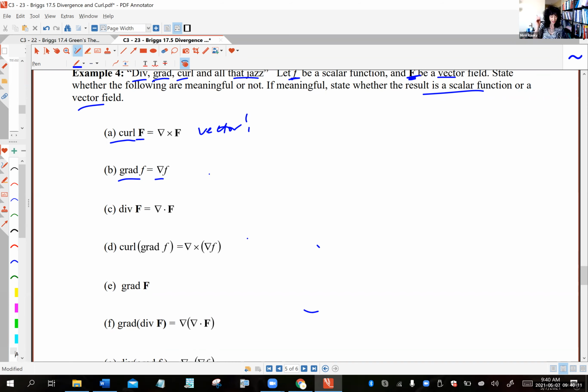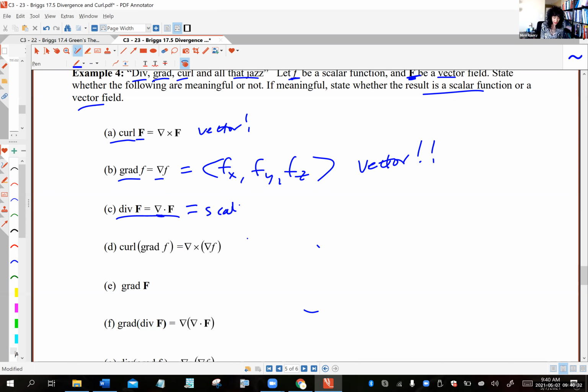We did this like 2 months ago. It is a vector because it has the partials in it, so it's definitely meaningful. Divergence of F, which looks like the dot product of that differential operator with your vector field. Of course it's meaningful and you'll get a scalar function.